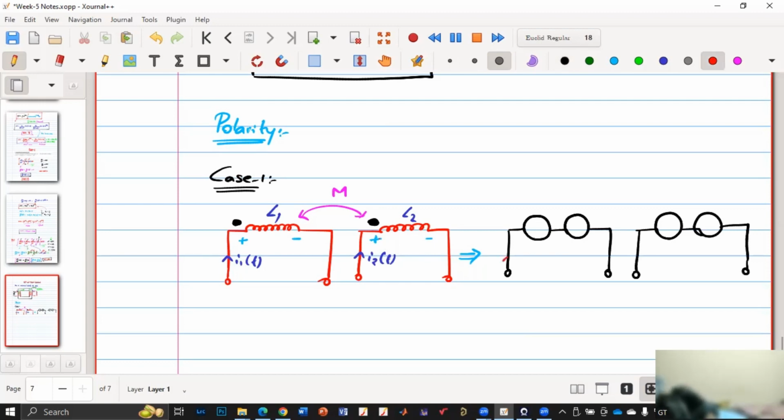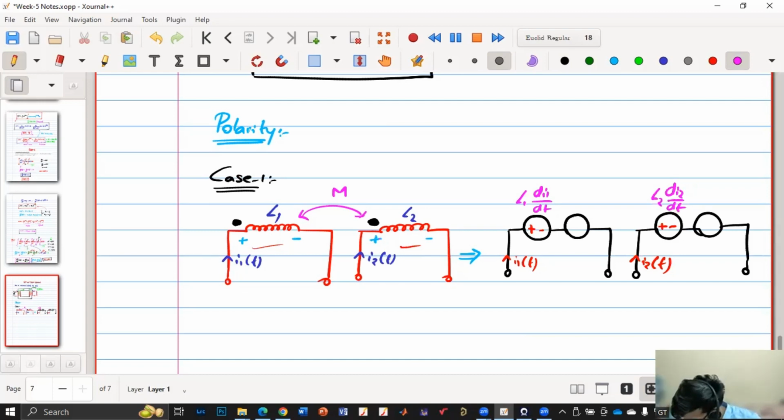The current directions I1(t), I2(t) and the dots are given. First, for any given coil, we need to draw the polarity. So L1 di1/dt will have this plus minus, and this plus minus, and this is L1 di1/dt, and this is L2 di2/dt.